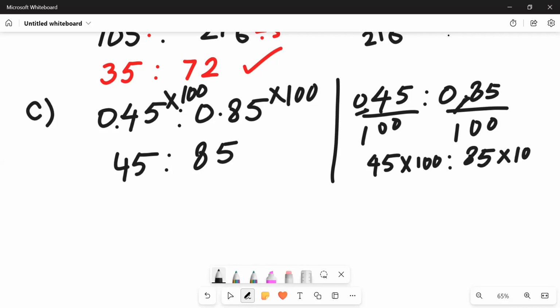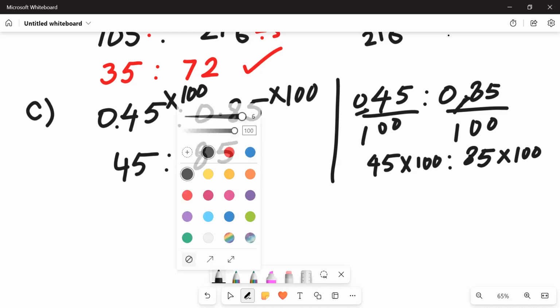But we will get a bigger number, so it is better to use this method. By multiplying with 100, we can remove the decimal sign, so it will be 45 and 85.